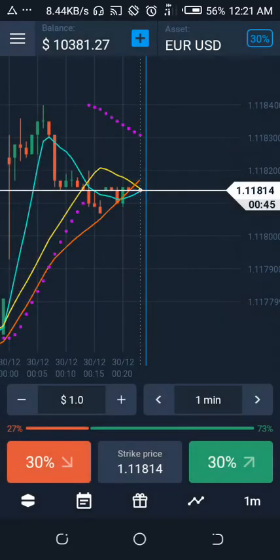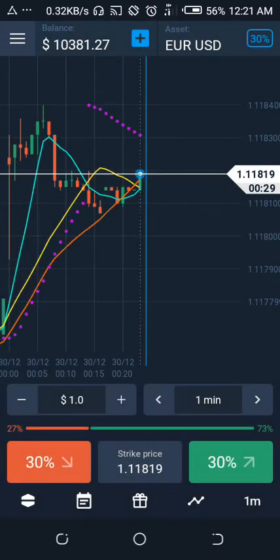Your time frame has to be reasonable. You can't use a 5-minute time frame for a 1-minute duration. If you want to use a 5-minute duration, use a 5-minute time frame. If you want to use a 15-minute duration, use a 15-minute time frame.